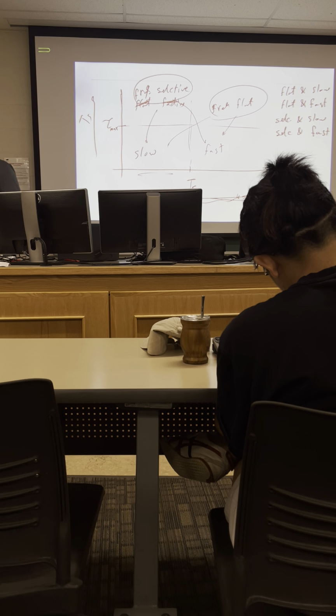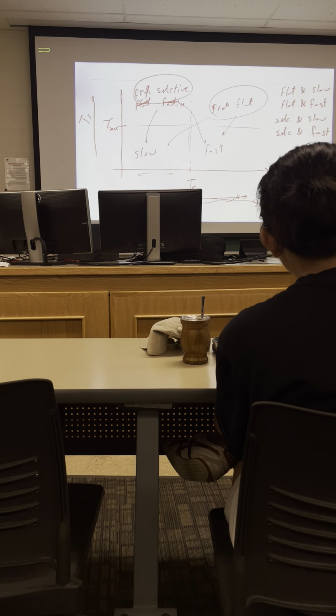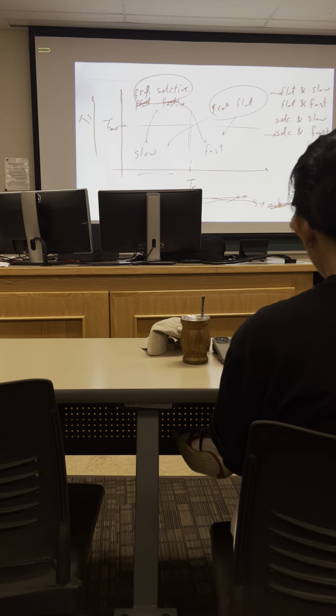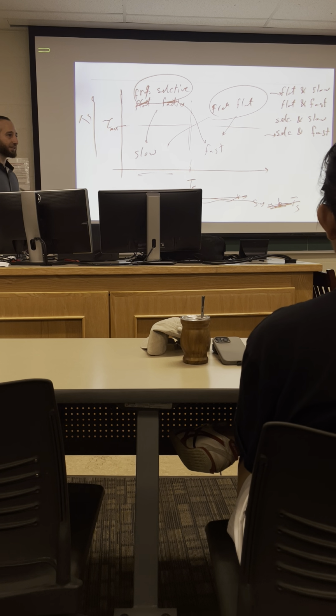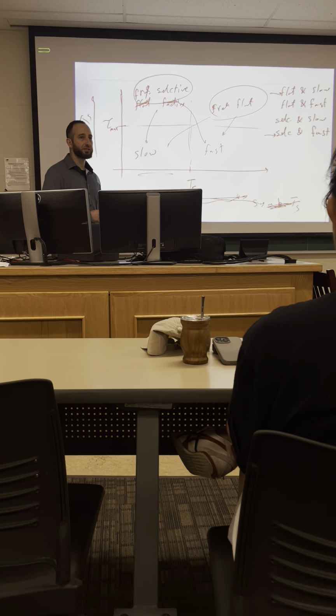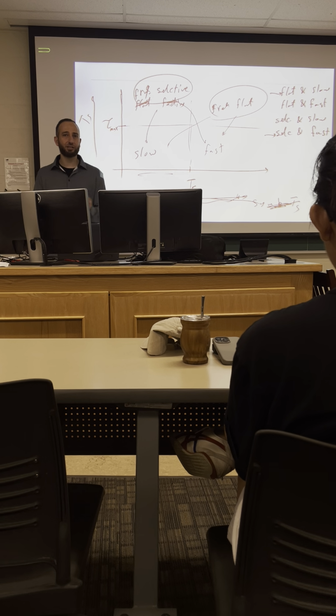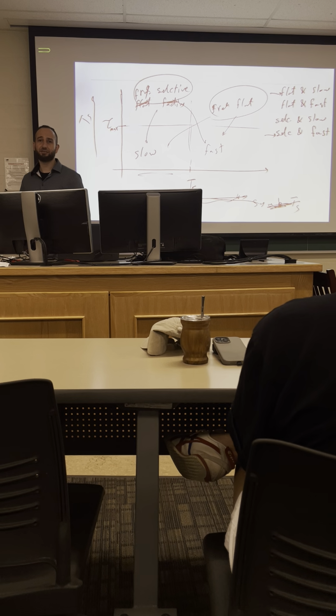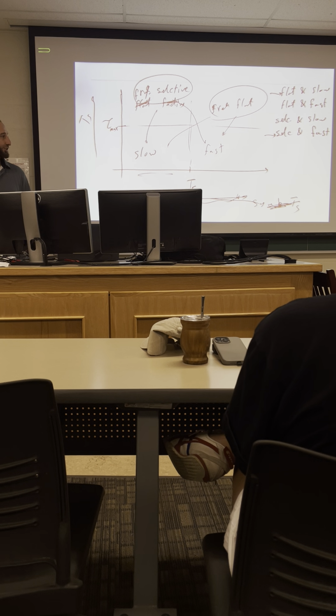What is the best option, or the best channel you can deal with? Flat and slow. This is the best one, right? And the worst one is selective and fast, right? So selective and fast is the worst channel you can deal with. Unfortunately, we deal with it in modern communication. It's selective and fast, unfortunately.